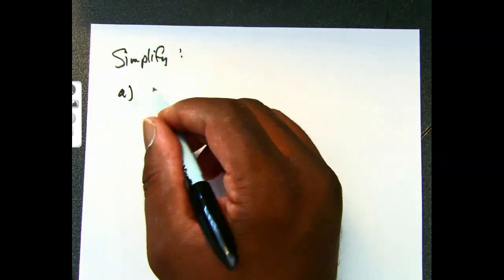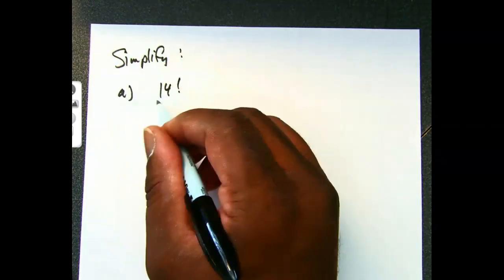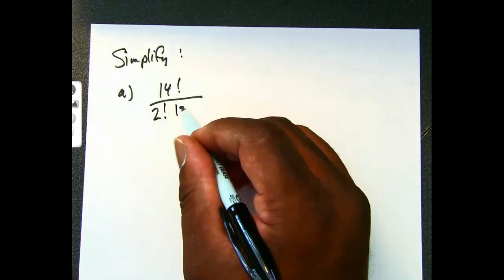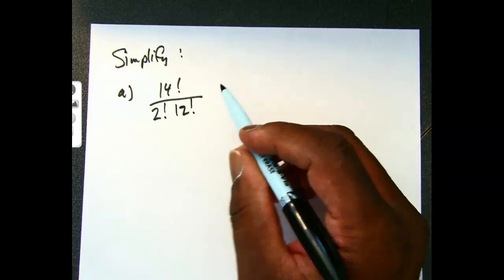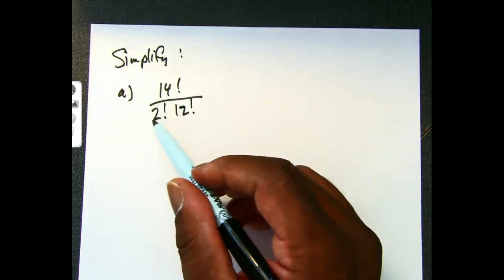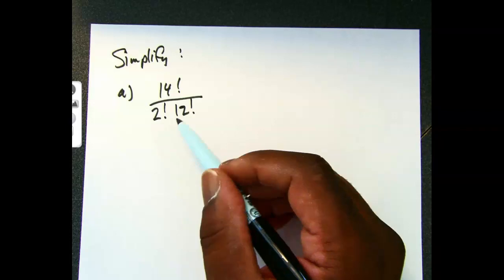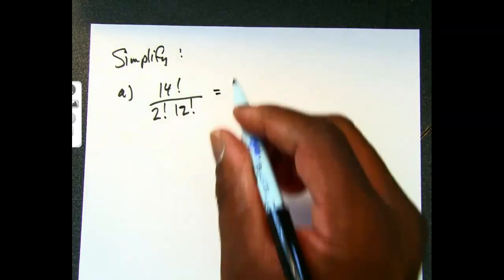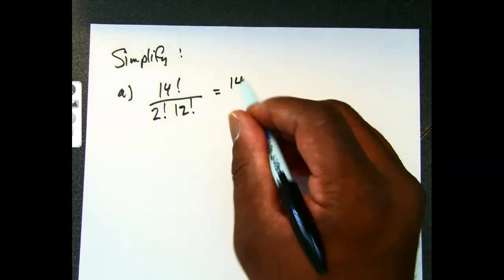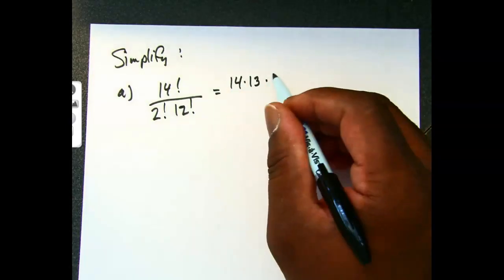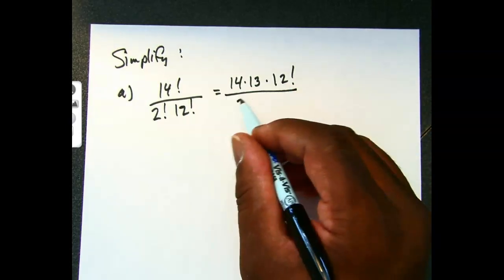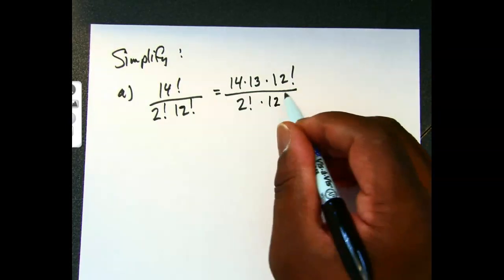Let's say a is equal to 14 factorial over 2 factorial times 12 factorial. So we already showed before that 2 factorial times 12 factorial is not 24 factorial. Okay, so 14 factorial we can write as 14 times 13 times 12 factorial over 2 factorial times 12 factorial.